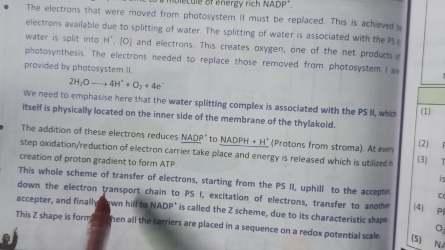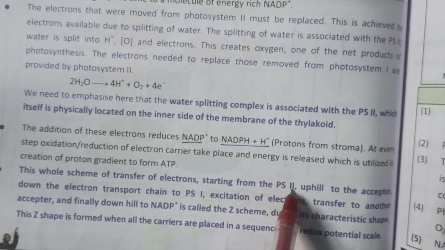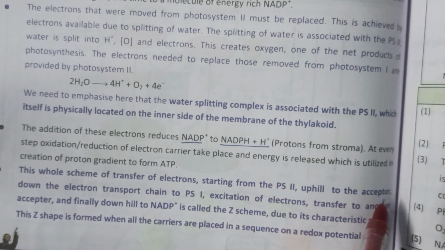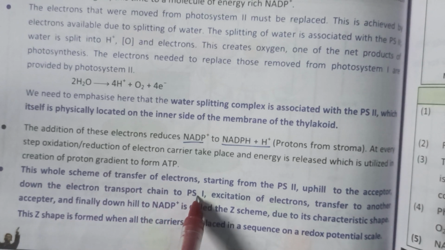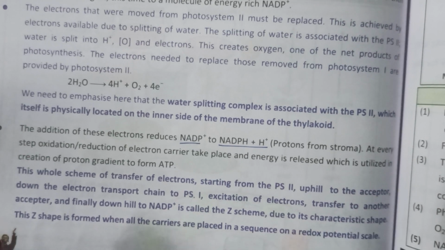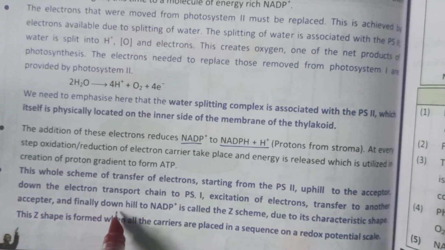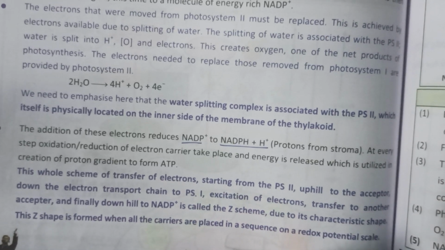The whole scheme of electron transfer, starting from photosystem 2 uphill to the acceptor, down the electron transport chain to photosystem 1, excitation and transfer to another acceptor, and finally downhill to NADP plus, is called the Z scheme, because it looks like a Z.